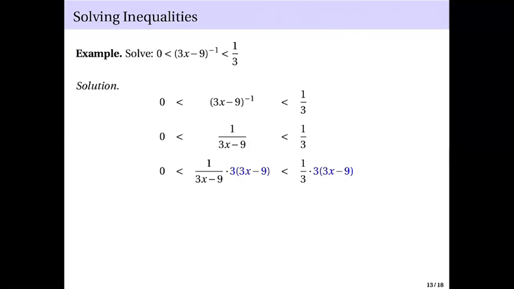It's because whatever you multiply to 0, it's just 0. So you are not seeing that 3 times 3x minus 9 in here. And again, 3x minus 9 is a positive number multiplied to 3, which is also a positive number. The inequality here is not changed. Okay?